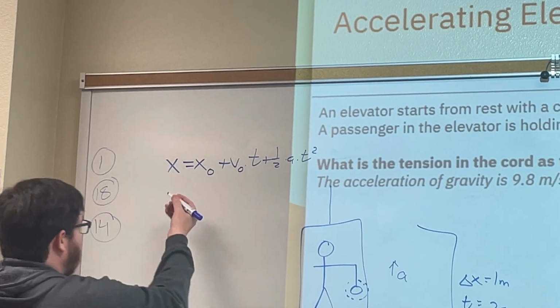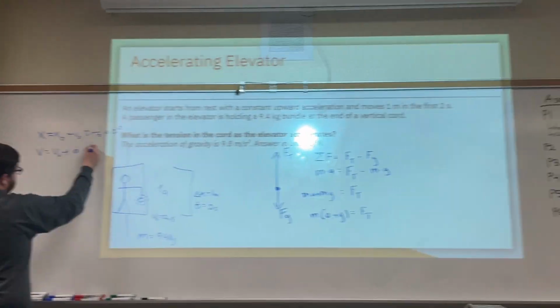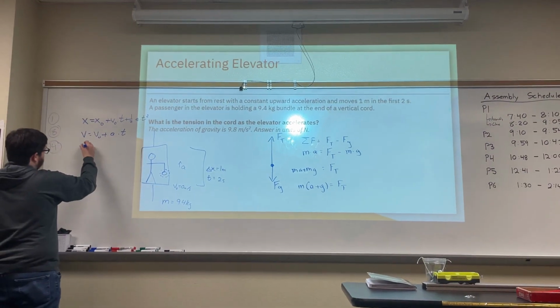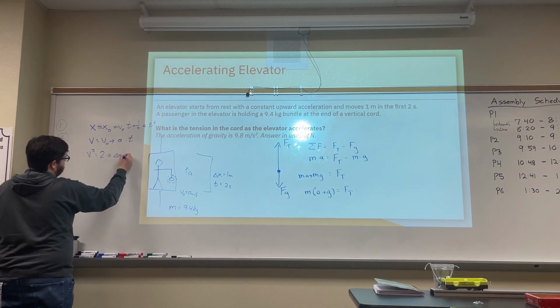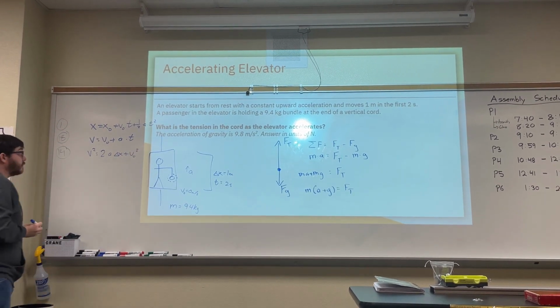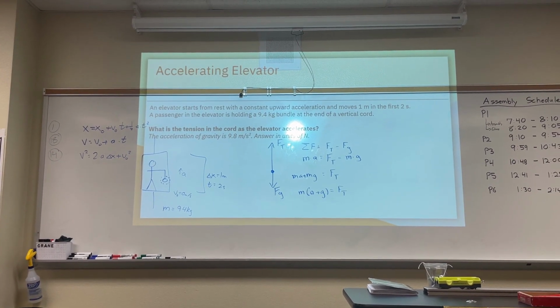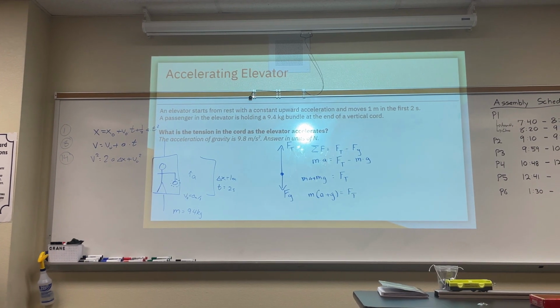The next one is velocity equals starting velocity plus acceleration times time. And the last one we're really focusing on is final velocity squared equals 2 times the acceleration times the displacement plus starting velocity squared. These equations only work if the object is undergoing uniform acceleration, which is the case in this situation.